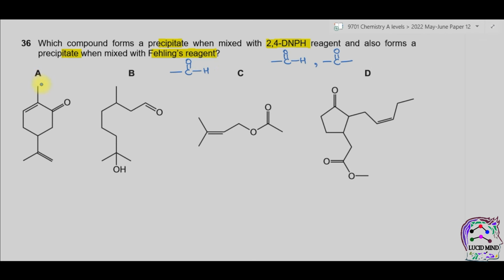So let's see, part A, we have different functional groups. This one is an alkene, this one is a ketone. Again we have CH2 on this side, so this is an alkene. In the second one we can see we have an aldehyde.